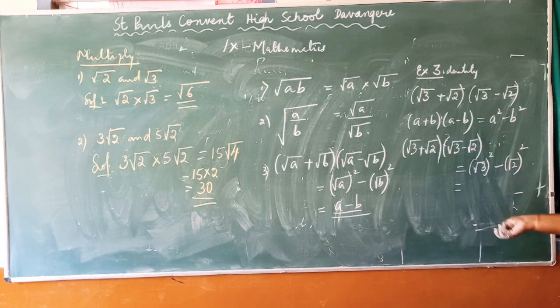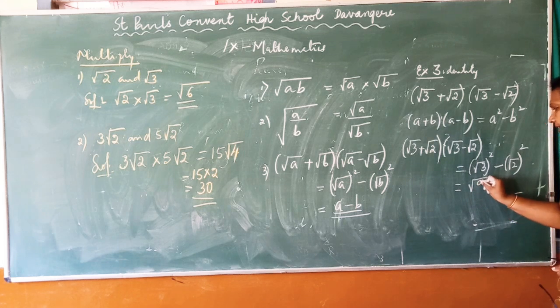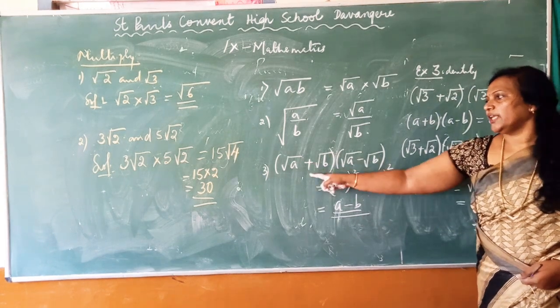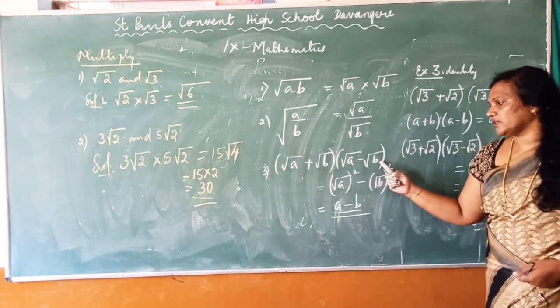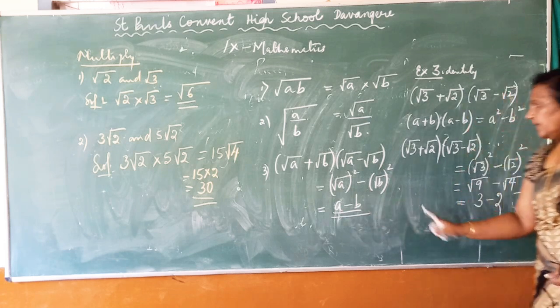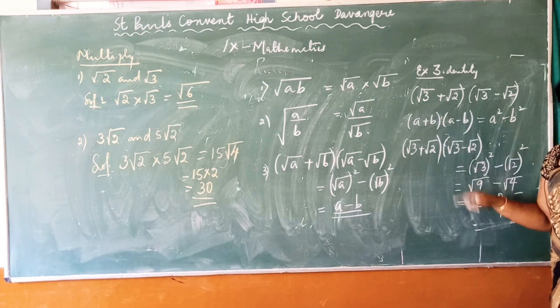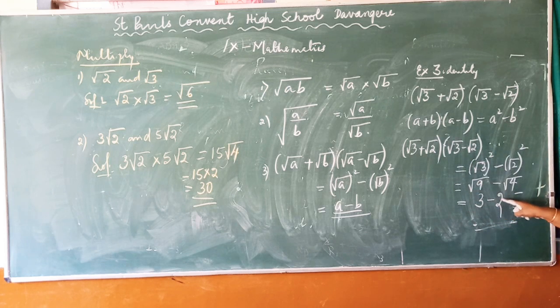Root 3 into root 3, if you multiply, how much will you get? 3. Root 2 into root 2, if you multiply, how much will you get? 2. That is what is written here. Root A plus root B into root A minus root B is nothing but A minus B. Same way, root 3 plus root 2 into root 3 minus root 2 is nothing but 3 minus 2.